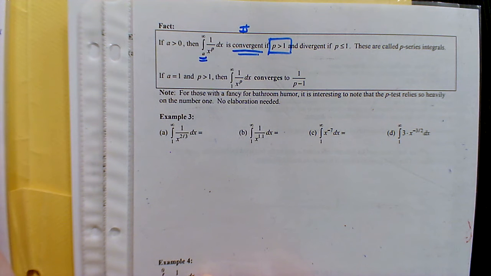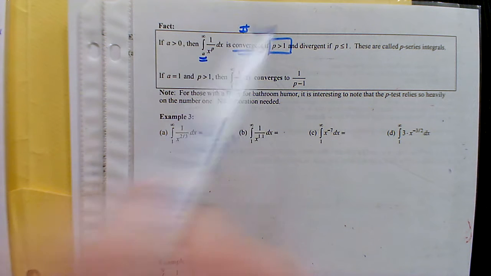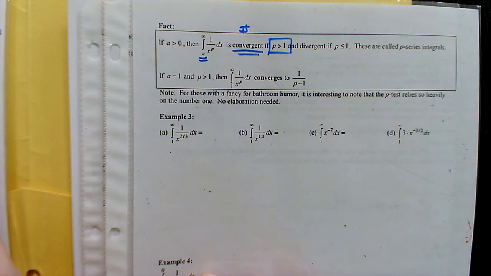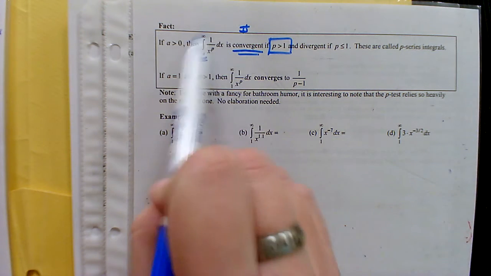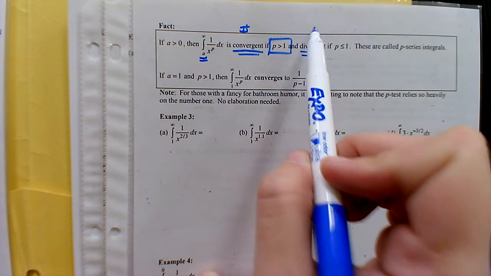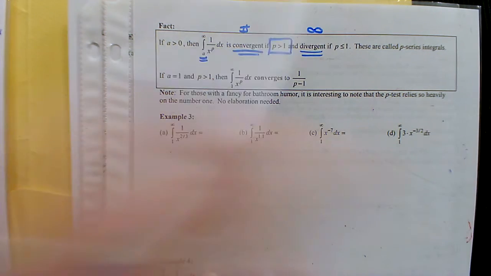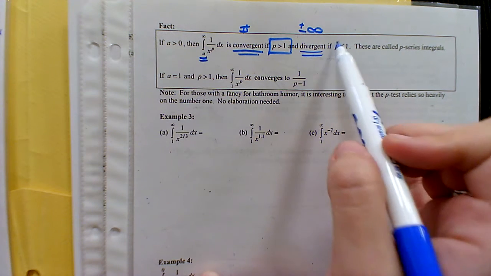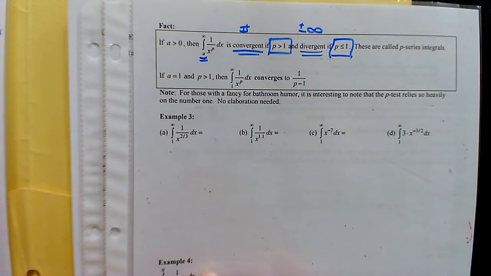Notice how the 3 examples we just did were a power of 1.5, a power of 3, a power of 2. All of those are bigger powers than 1, and we got a number for all those values. However, this integral diverges, meaning you're going to get some type of infinity value, could be plus or minus, we don't know, if the power is less than or equal to 1.